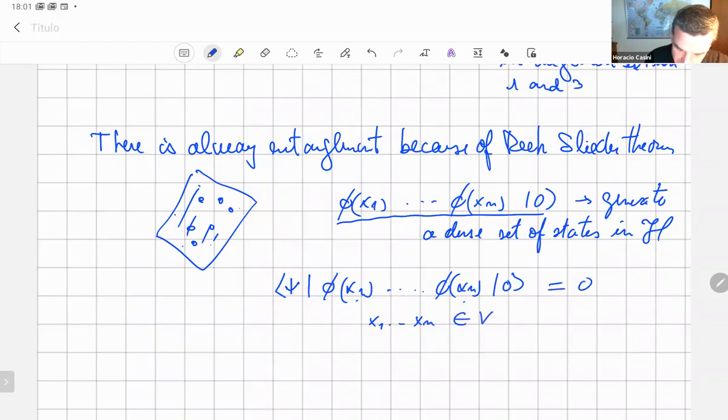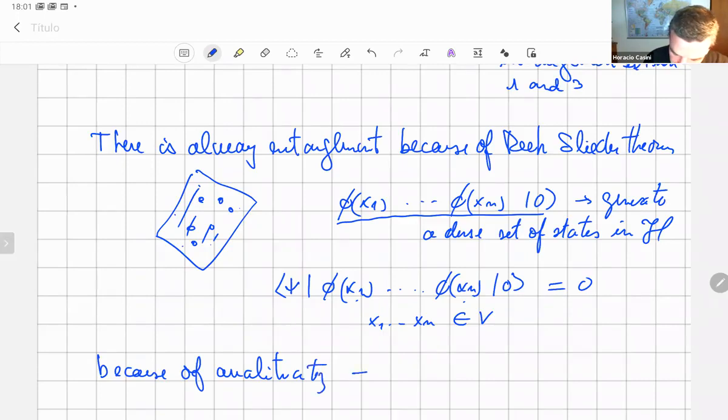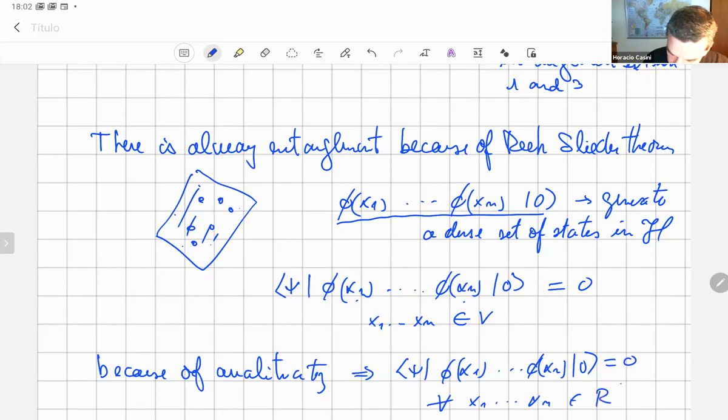But then, because of analyticity, this implies that this quantity is 0 for all x1 in Minkowski space.